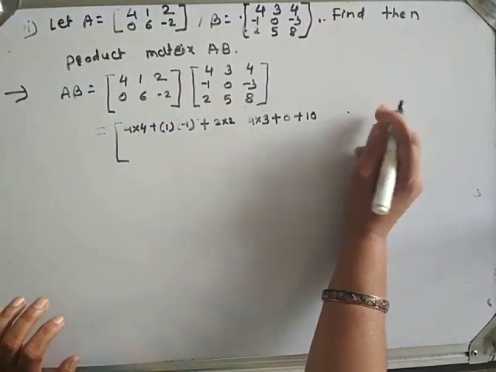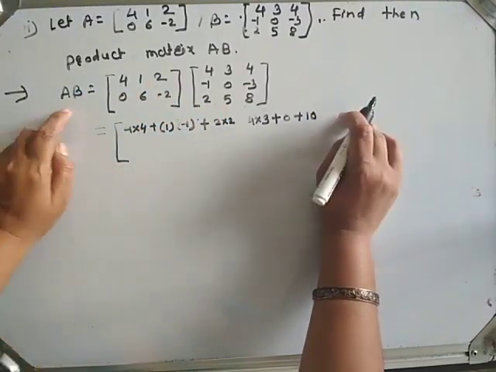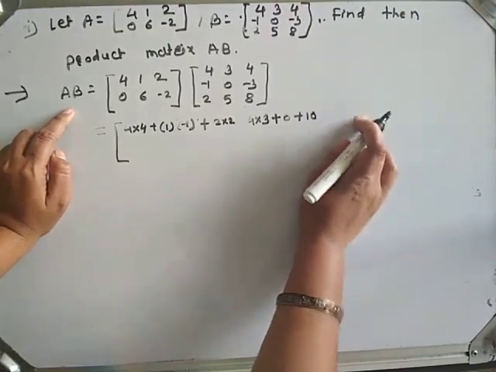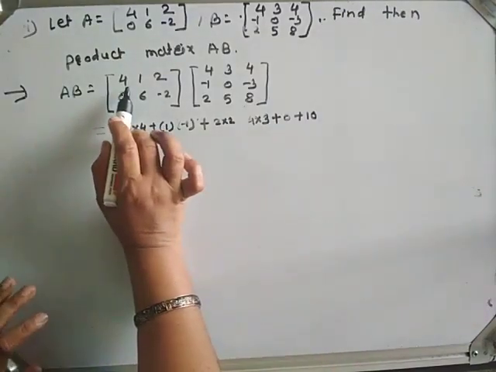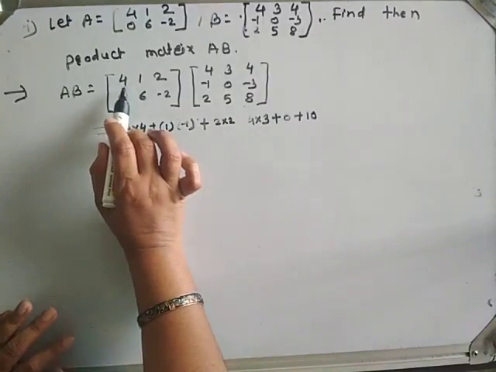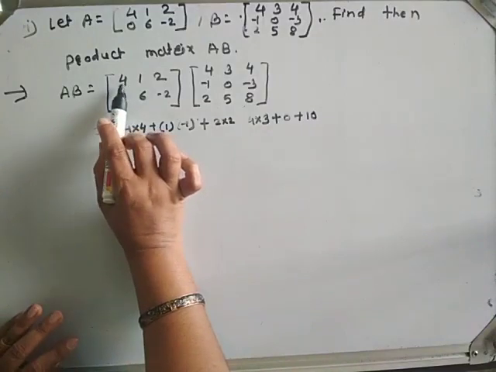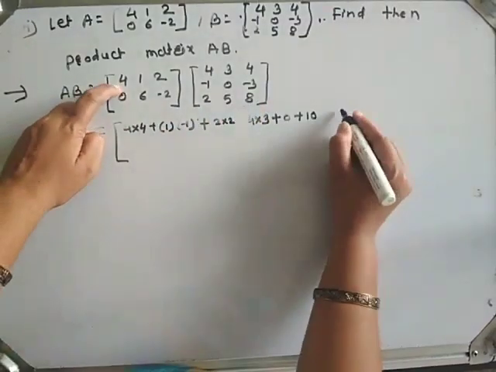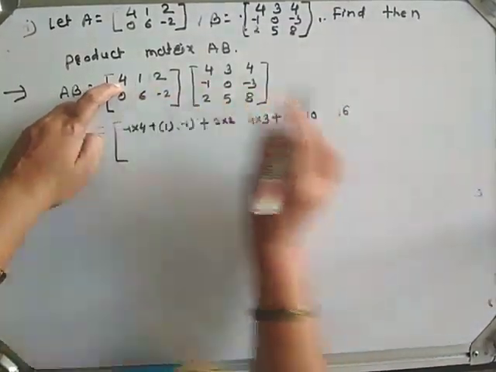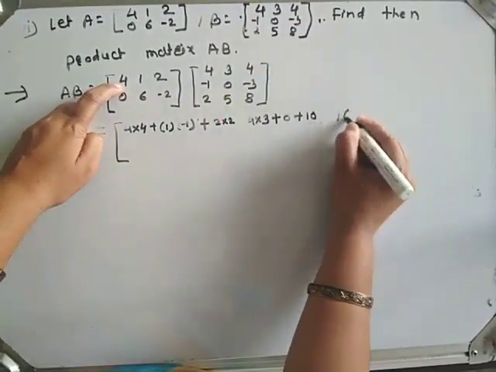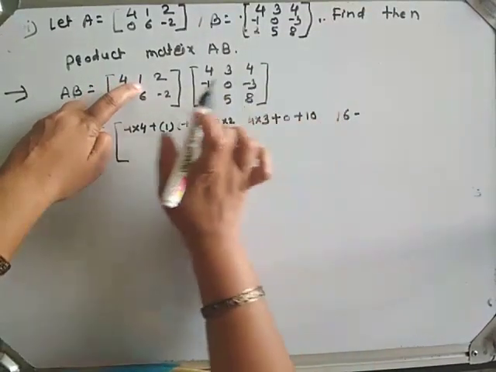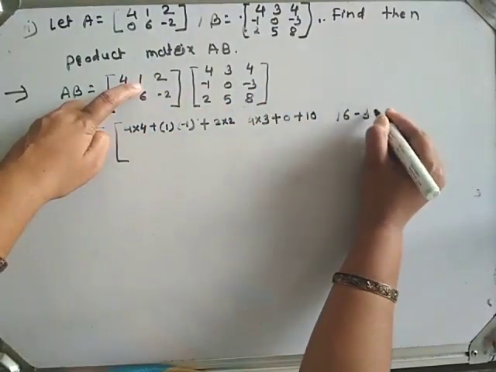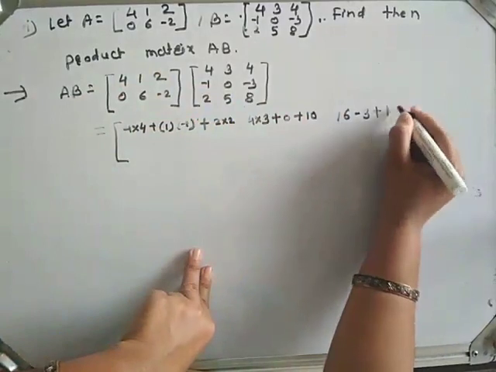Third entry, that is the 1/3 entry of AB. For this 1/3 entry, we have to multiply the corresponding entries of the first row of A and the third column of B. That is 4 into 4, 16 plus minus 3 into 1, minus 3 plus 8 into 2, 16.